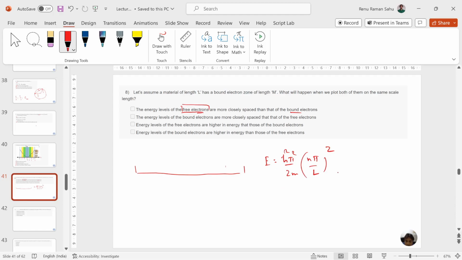These are for free electrons, where L is really large. For bound electrons, it is h bar square pi square by 2m, times n pi by A whole square. In this case, A is too big for free electrons, and this is for the bound electrons.